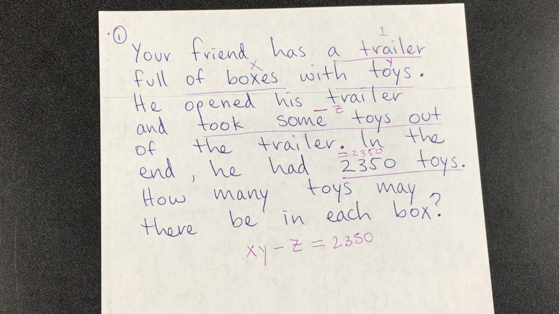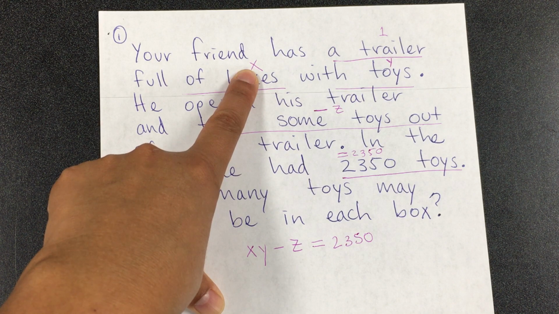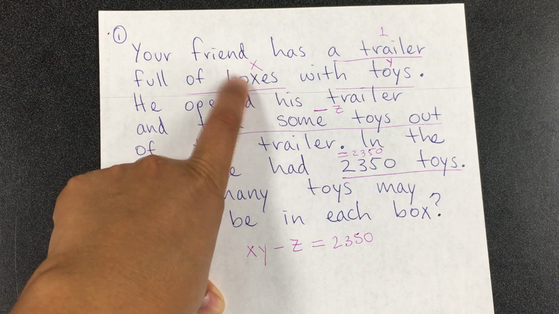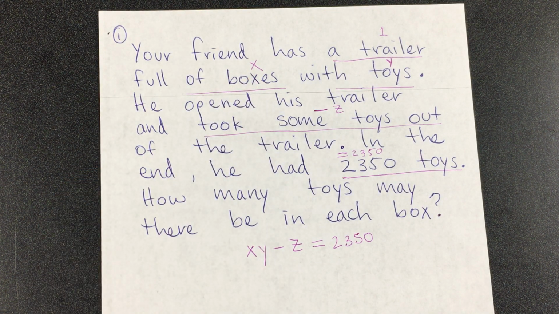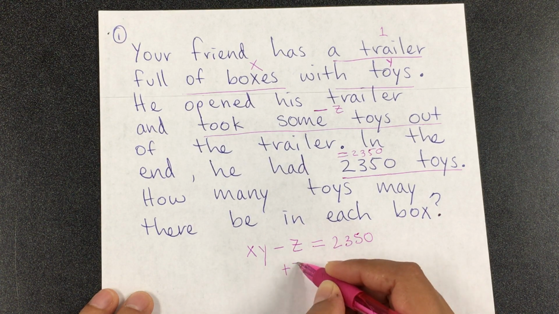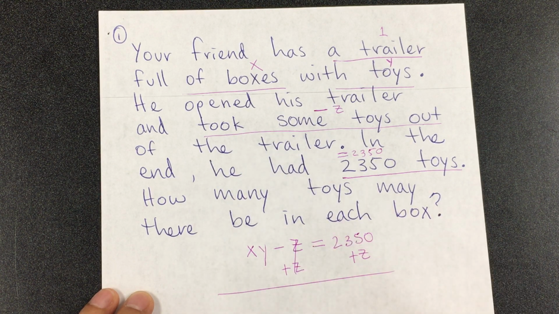Now it says, how many toys may there be in each box? That means that we're leaving X by itself, solving X, isolating X, because we need to know what the value of that is, okay? So if we're subtracting Z, we're going to add Z to both sides.